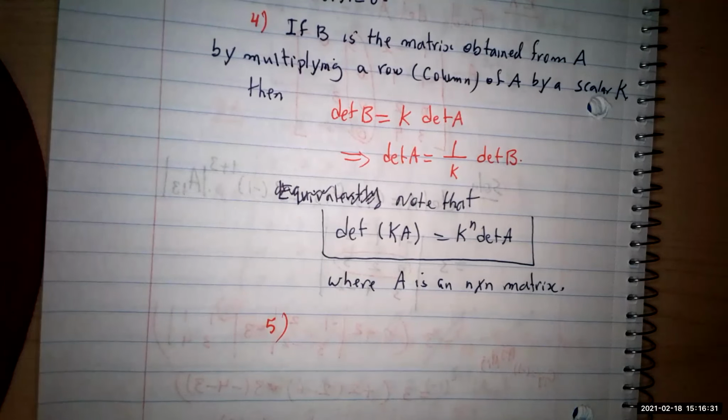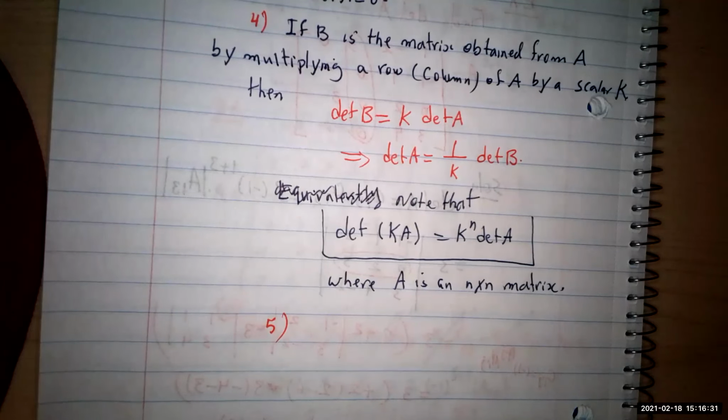So if B is a matrix obtained from A by adding a multiple of a row or a column of A to another one, like the operation that we use to get the row echelon form.